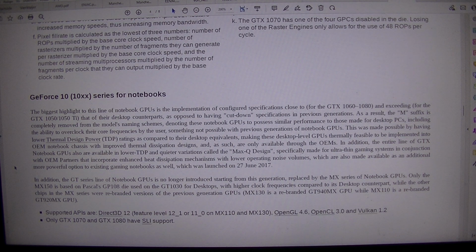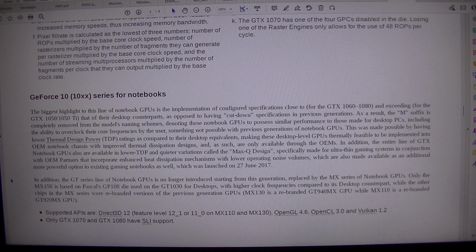In addition, the GT series line of notebook GPUs is no longer introduced starting from this generation, replaced by the MX series of notebook GPUs. Only the MX150 is based on Pascal's GP108 die used on the GT 1030 desktops, with higher clock frequencies compared to its desktop counterpart, while the other chips in the MX series were rebranded versions of previous generation GPUs.